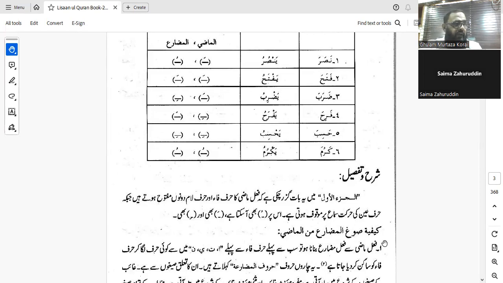And fi'l is a verb, a kalima that does not only convey the meaning on its own, but also conveys the tense, like madi, hal, istiqbal. So mainly we have two tenses when we discuss verbs: fi'l madi and fi'l mudari'. And fi'l mudari' has two tenses in it, the present tense and the future tense.